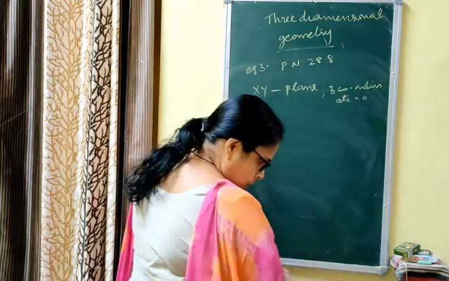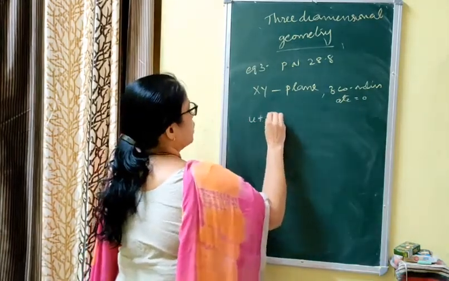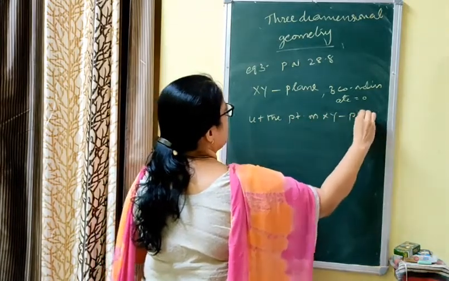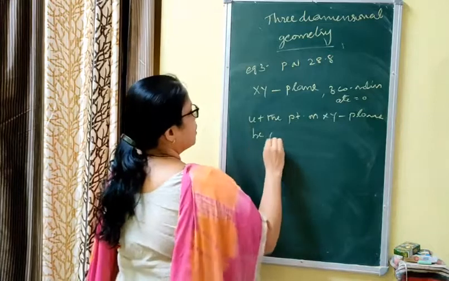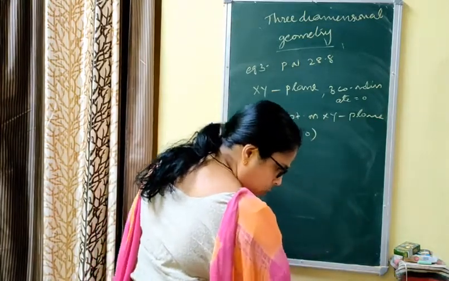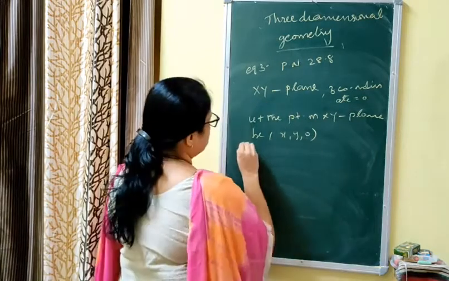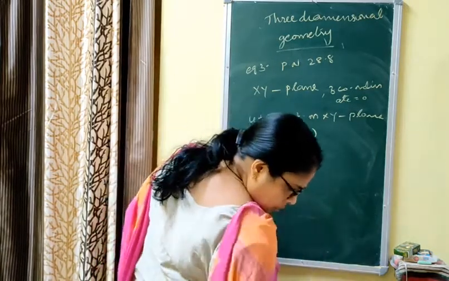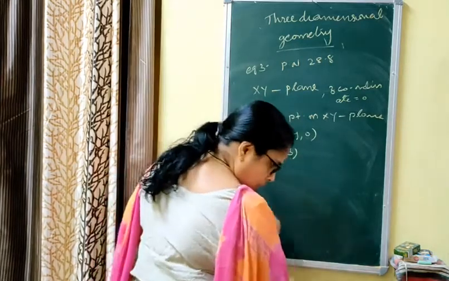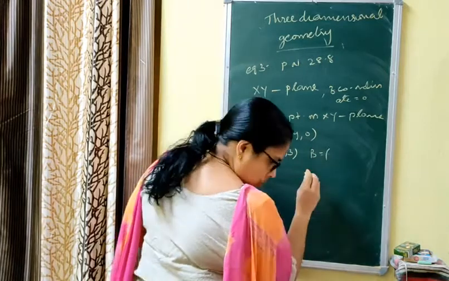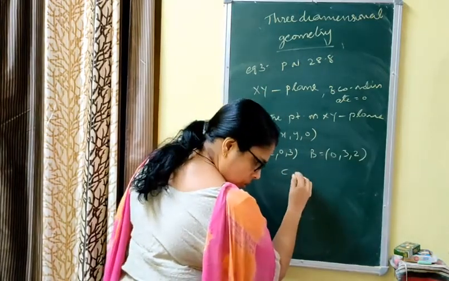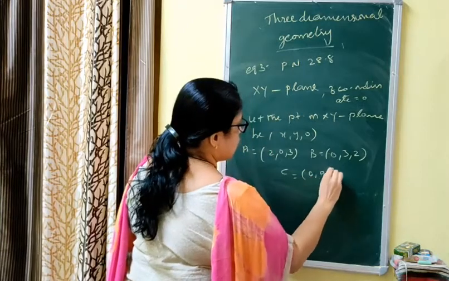So you can assume, let the point on the xy plane be (x, y, 0). Let the point be P. You are given that this point is equidistant from the three points: A is (2, 0, 3), B is (0, 3, 2) and C is (0, 0, 1).